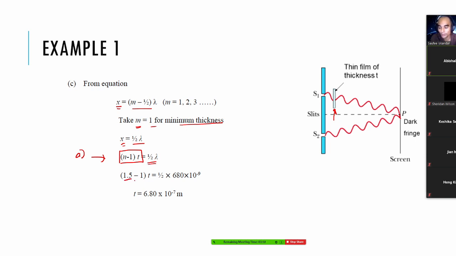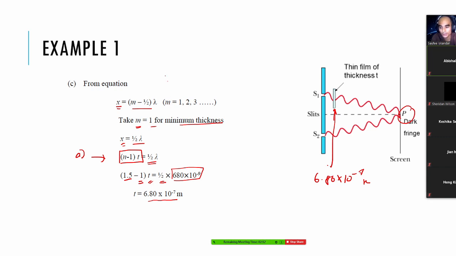So 1.5 minus 1 times t equals 1 over 2 times lambda. So t here is 6.80 times 10 to the power negative 7 meter. Then P will be a dark fringe. If it's other than this number, it will not be.